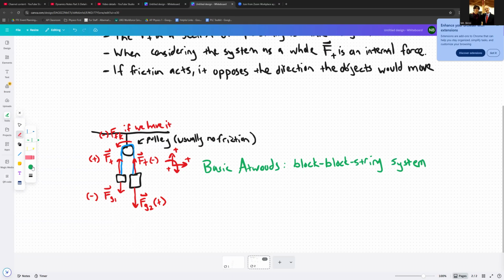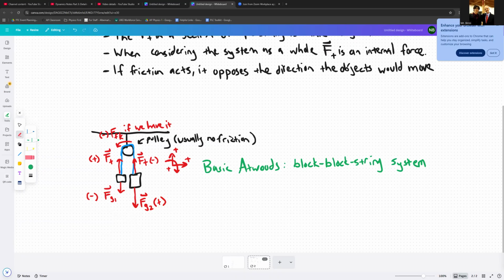They'll just write all the things in the system with dashes in between them. So there's two blocks and a string, so they call it a block string system. They're not always going to do that, but it's a common way that they write it. So this is your basic Atwoods block string system over a pulley just like this. But notably, the pulley is not part of your block string system, so friction would be an external force that you would include for the system.